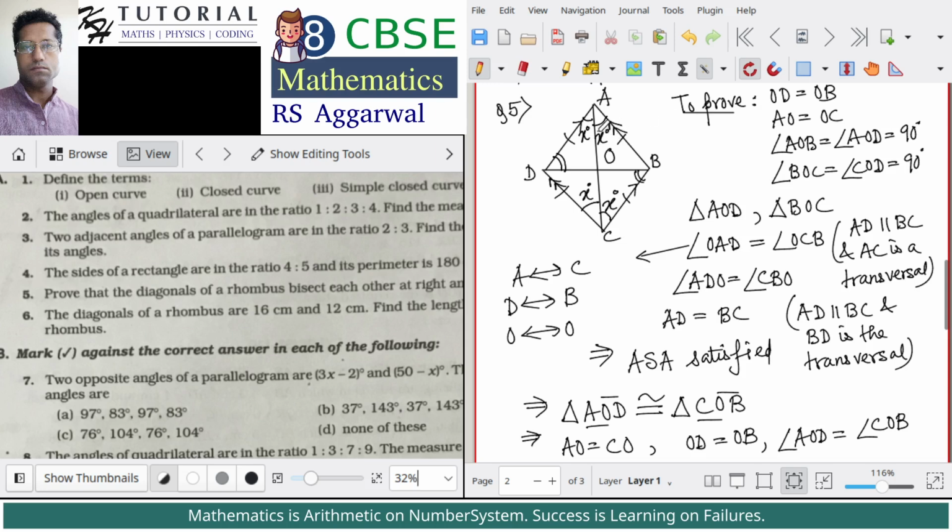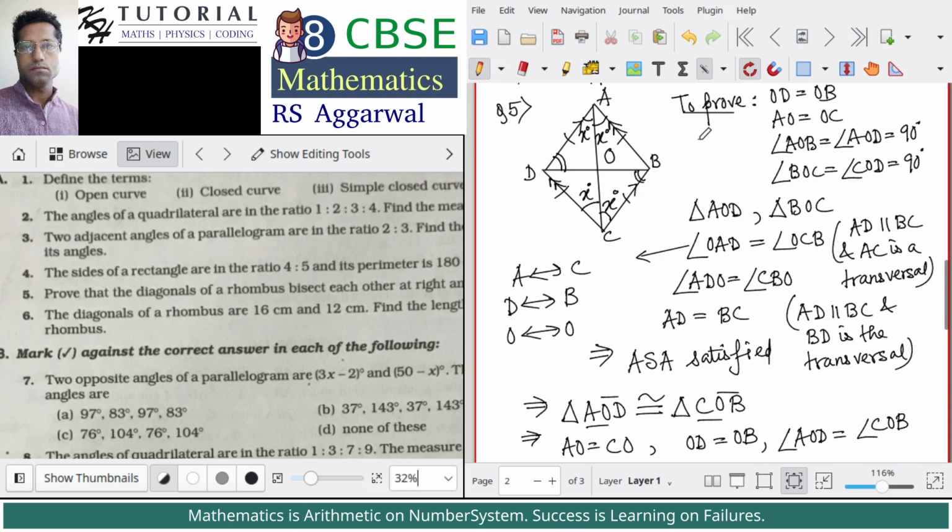That is why I am trying to prove that triangle AOD is congruent to triangle AOB, because from the congruence relation we will have that angle AOB is equal to angle AOD. Now angle AOD and angle AOB are a linear pair of angles. The addition will be equal to 180 degree.